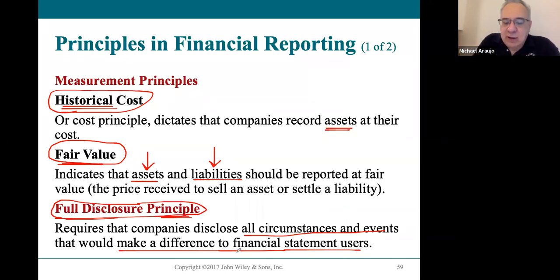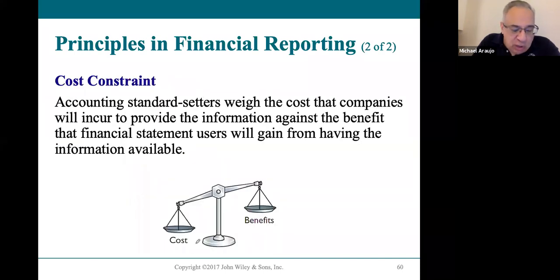Well, what if they're about to lose a very, very large lawsuit, but it hasn't been decided yet? Should they be disclosing that information? Well, technically speaking, no, because they haven't technically lost it yet.